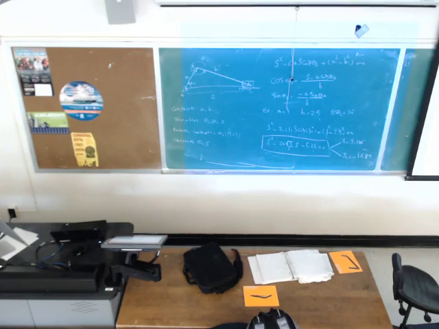Any question on this? So if you use your calculator and find the cosine inverse of 0.98, you will get theta 3 equals 11.34.